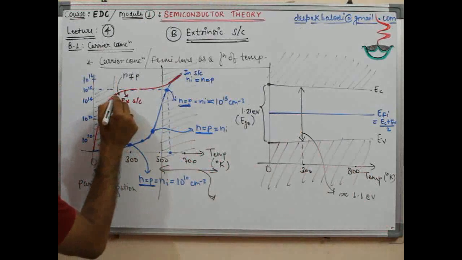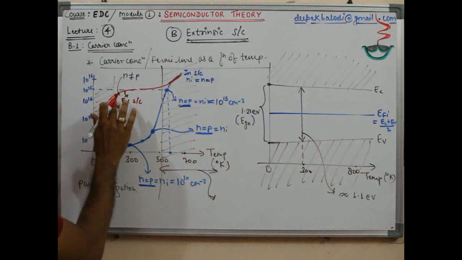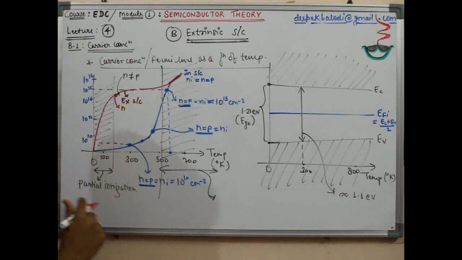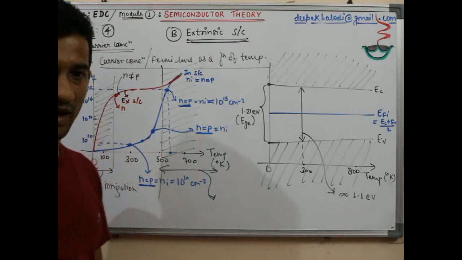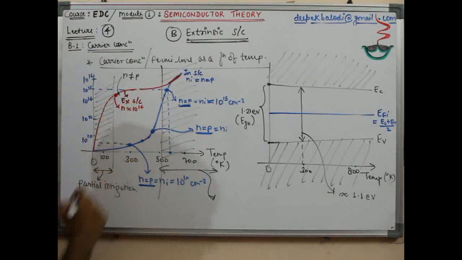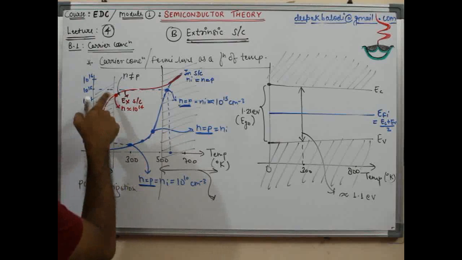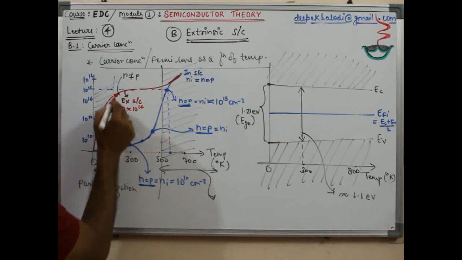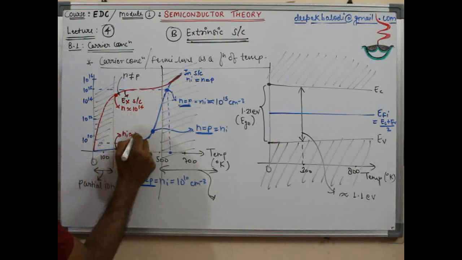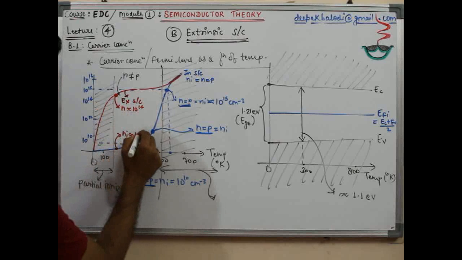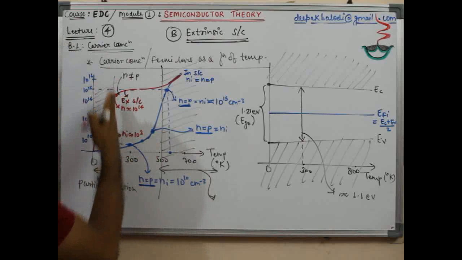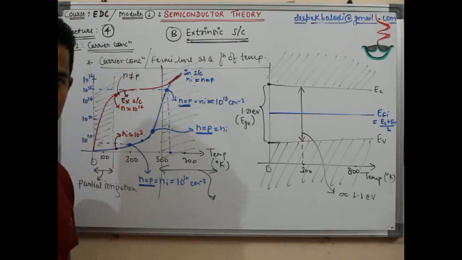At this temperature, let's say this is for a pentavalent impurity, that is n type, n is approximately 10 to the power 14, or a little bit more than that. And at the same temperature, ni is approximately 10 to the power 3. So definitely at this temperature, the extrinsic semiconductor is definitely extrinsic.